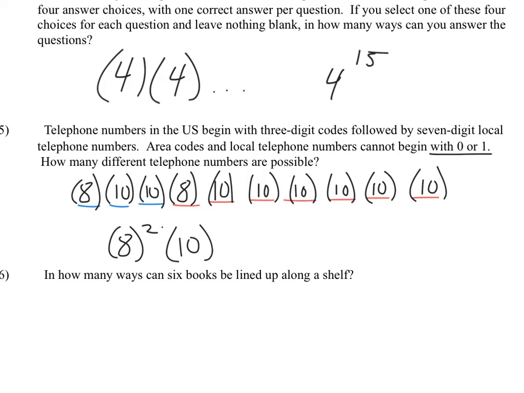So I had 2 here and 6 here. That's a pretty big number. If we were to plug that into our calculator, I think we end up with 6.4 billion total number of phone numbers in the United States.